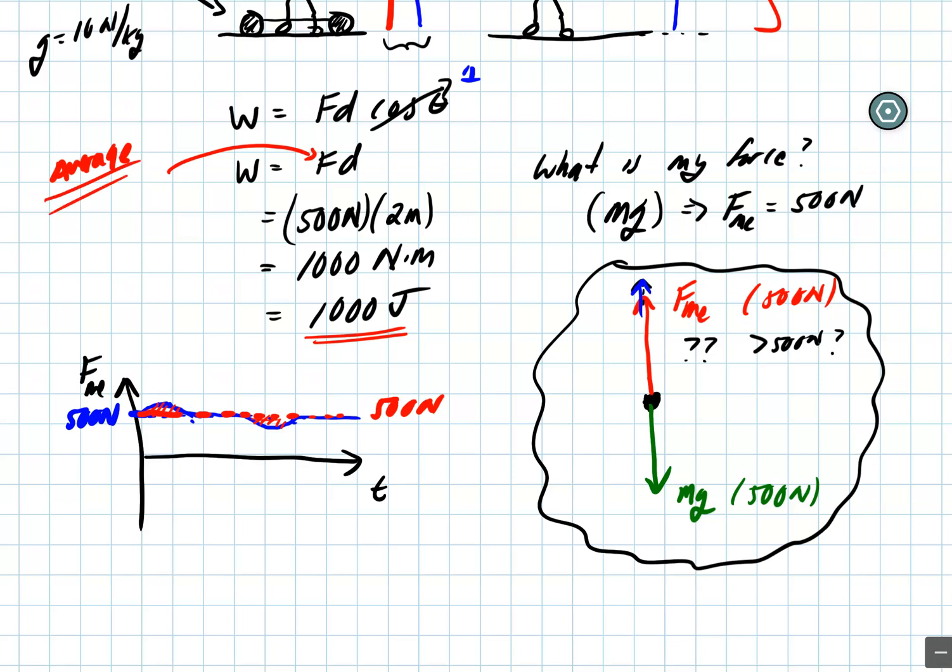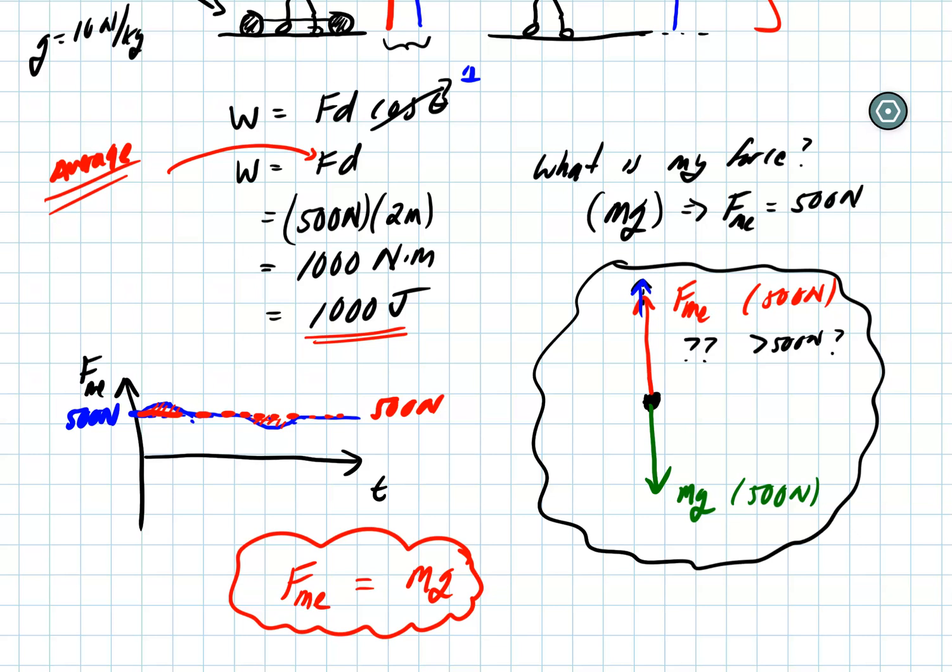So in any case where you have to lift something that's not moving at the beginning, and at the end it's not moving, then your average force is going to equal the weight. So that's how you want to calculate work whenever you're lifting something, or even pushing up a ramp. If you're pushing against gravity and it's not moving at the beginning and it's not moving at the end, then your average force will be the weight if you are lifting it straight up.